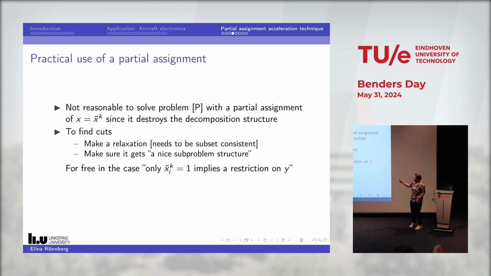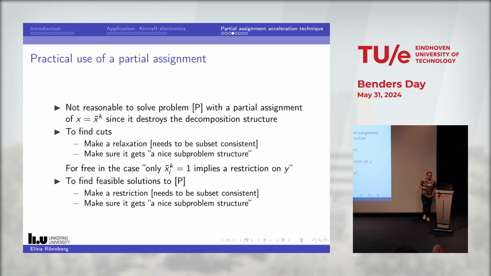This is the property you get for free in the implication case. Then I can do the same thing for finding feasible solutions. I can take this partial assignment problem, make a restriction in the same subset consistent way, do it in a way that I get a nice subproblem structure, and then if I solve this problem and find a feasible solution, then I'm happy.